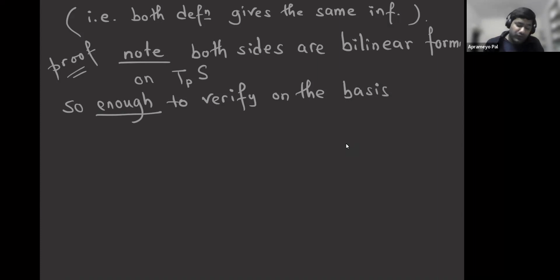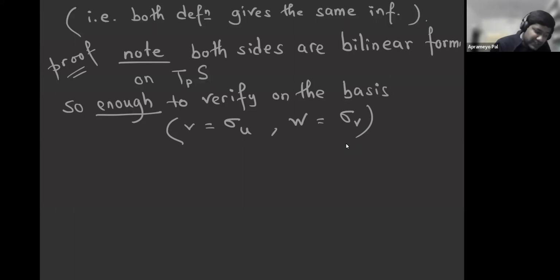And we have a favorite basis here we can take, which we will take as V equal to sigma U and W equal to sigma V, which is a basis of the tangent plane at this point. Now, if we take this as V and W, then immediately you see du of sigma U, and dV of sigma V.